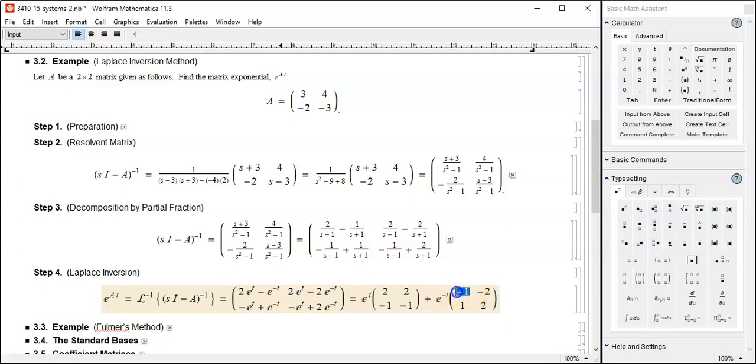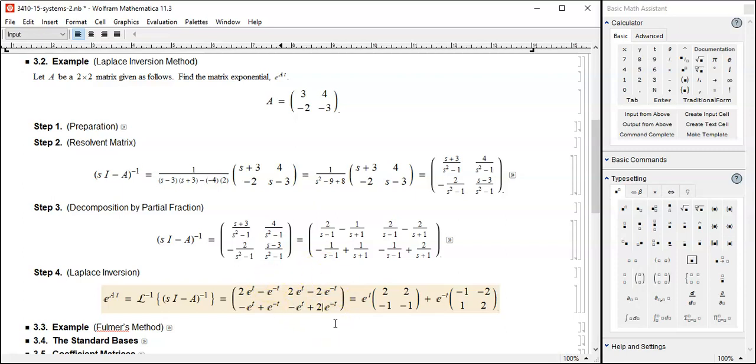First, 1, 1, and then do the same thing for the next component, another entry, and then the last entry, all separated, and that's what we are looking at here. This matrix is given by 2, 2, negative 1, negative 1, all those coefficients for e to the t power. And then this matrix is coming from negative 1, negative 2, positive 1, positive 2, all the coefficients for e to the negative t power.